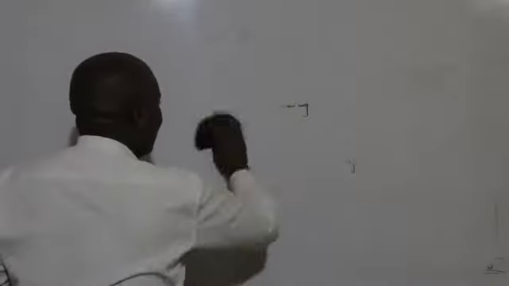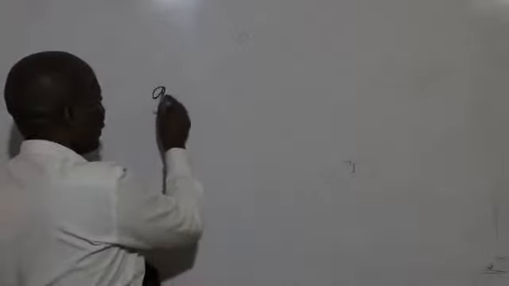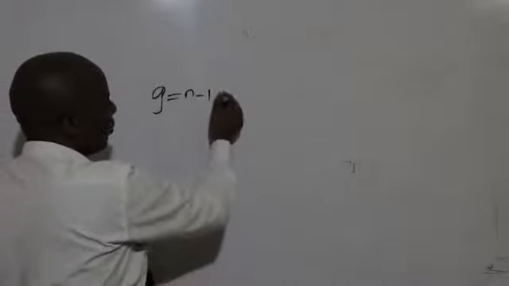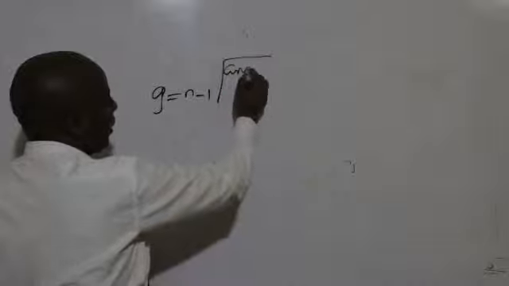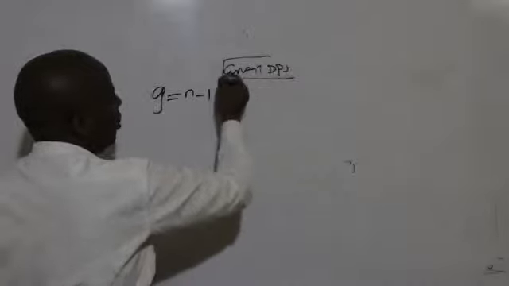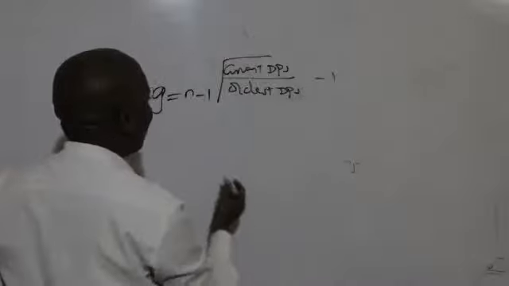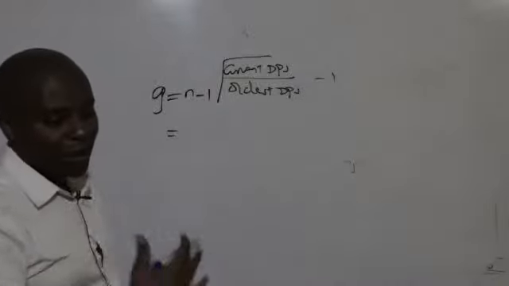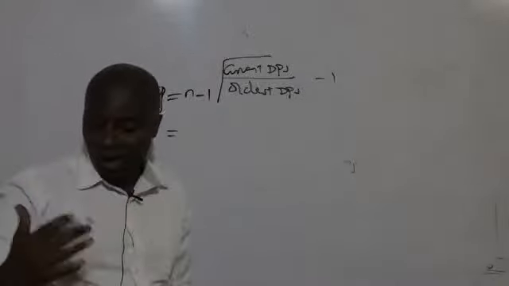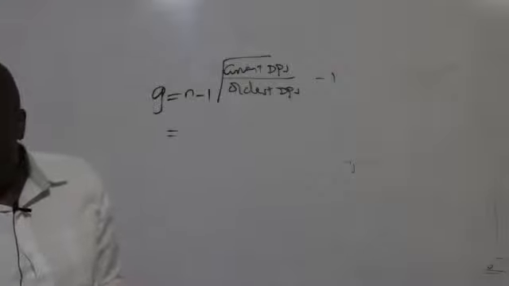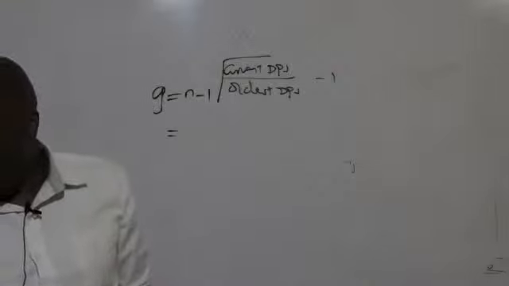So the first thing that I'll do is to give my examiner the growth rate, which will be n-1 root of current DPS all over the oldest DPS minus 1. So this n, they have given us a series of dividends over, I think 3 or 4 years. 4 years there.